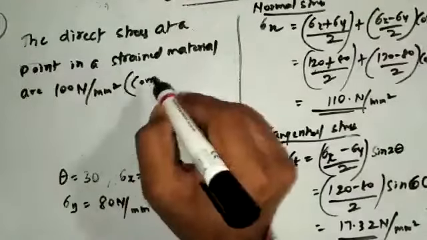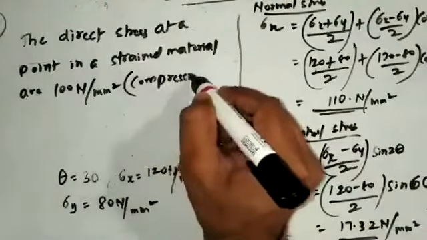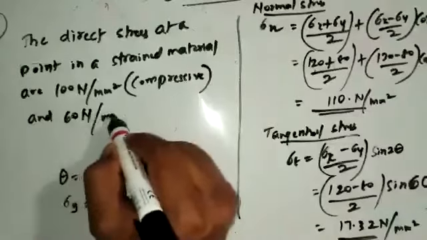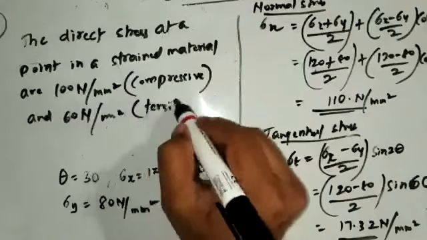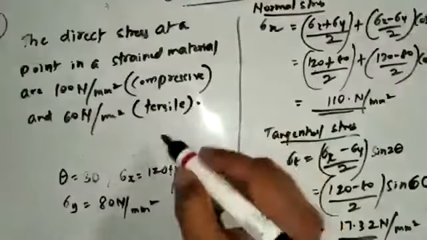See, now it is compressive. And 60 Newton per millimeter square tensile. Are you understanding this? Compressive and tensile, as shown in figure.